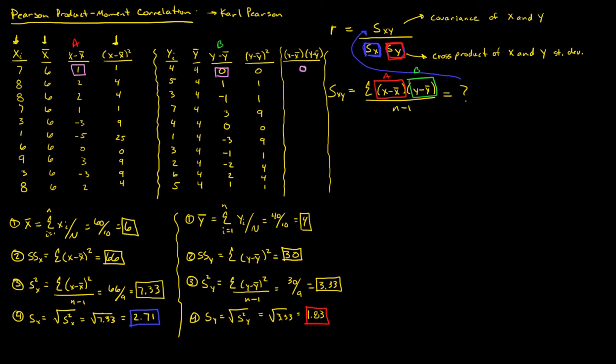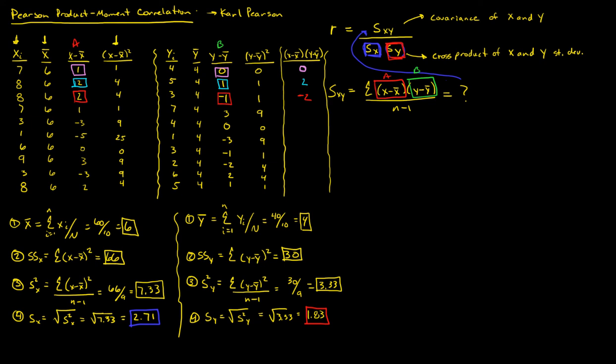Okay, let's do the next one in this teal color. So now we're going to take 2 multiplied by this 1 to get a cross product of 2. And let's go back to red, this 2 by this negative 1 to get a negative 2, and so on and so forth.